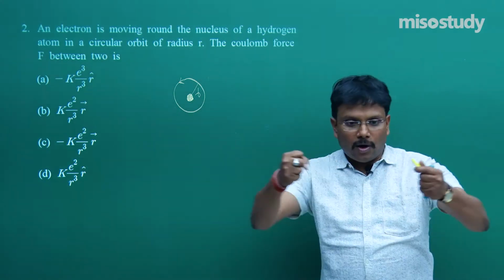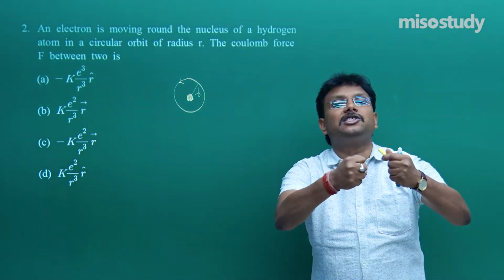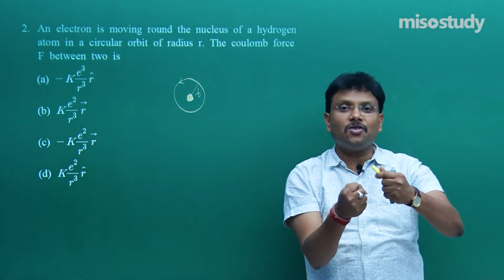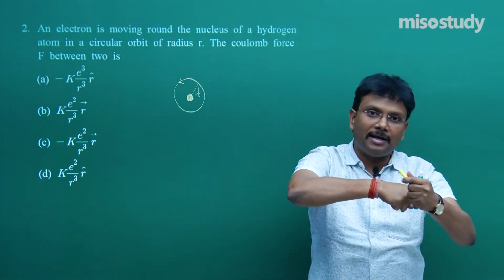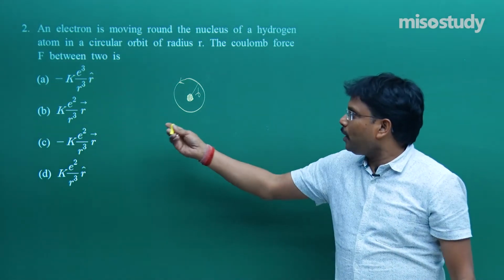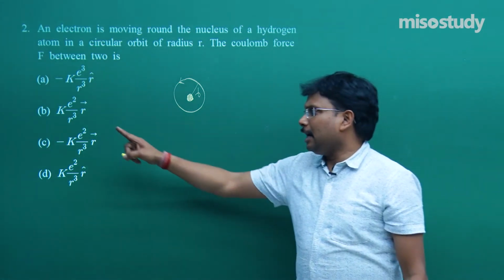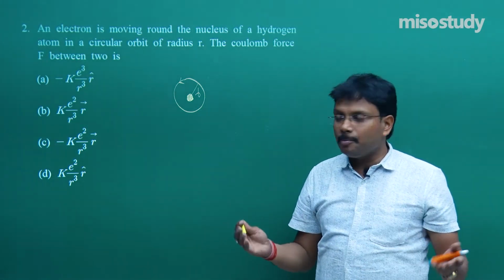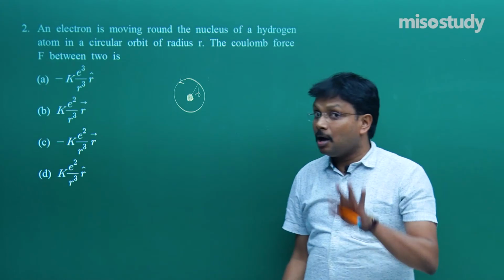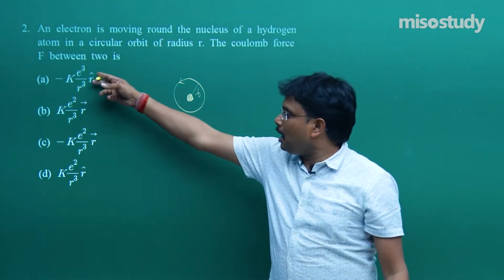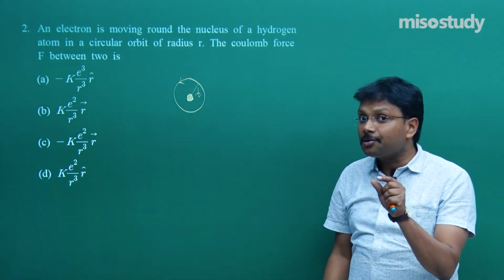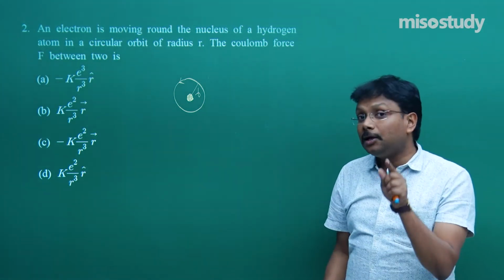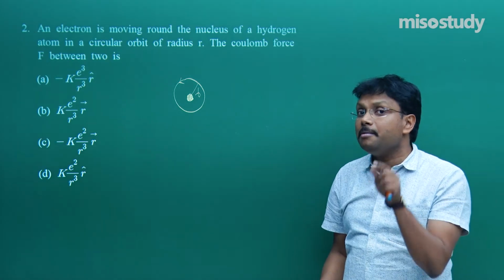Because the electron is bound to the positively charged nucleus, that's why it's revolving, and the centripetal force is not allowing the electron to go inside. So B is not possible, and D is not possible because they show repulsion. So the possible answer is A and C only. This clever trick, this intelligent approach will ensure that you are not going to commit a mistake.